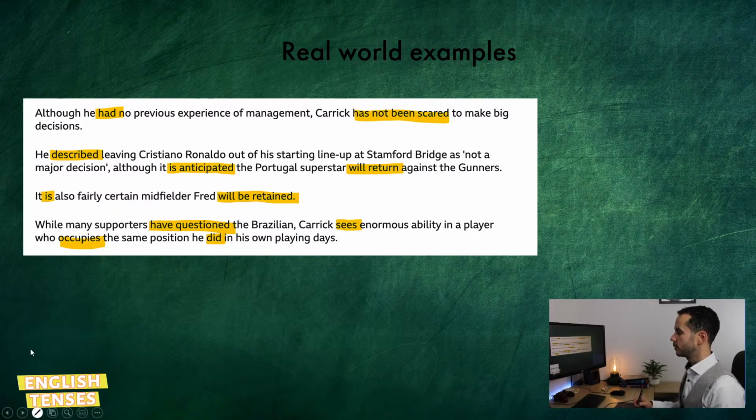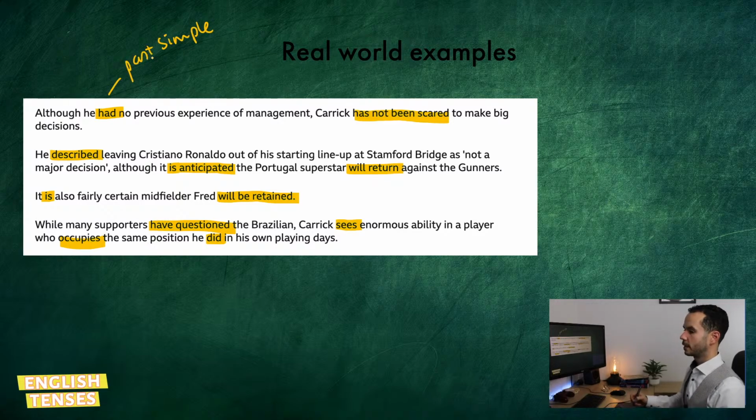So which tenses do we have? First we have past simple. Then we have present perfect. And this is present perfect of to be scared. Then we have past simple.